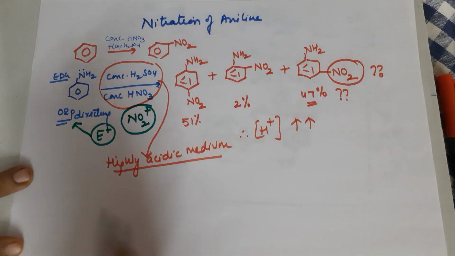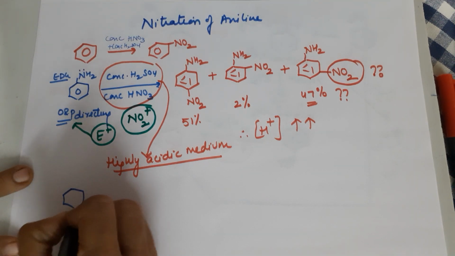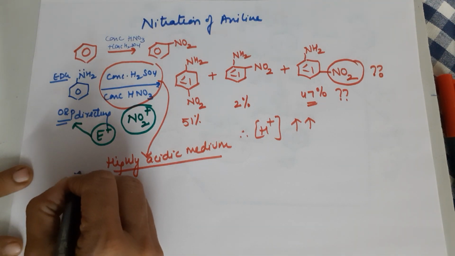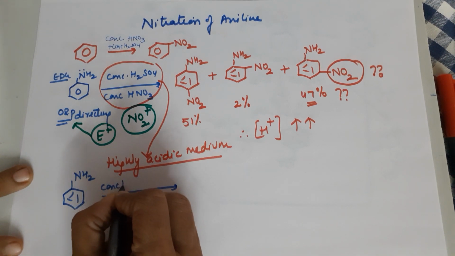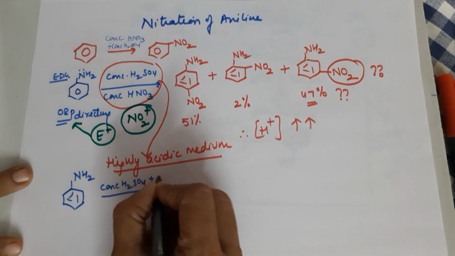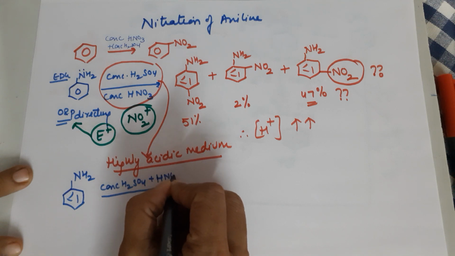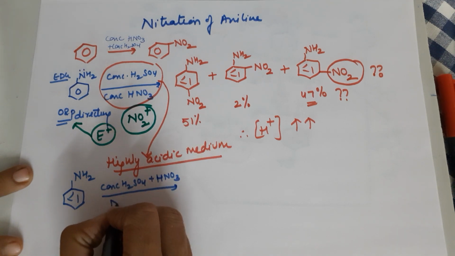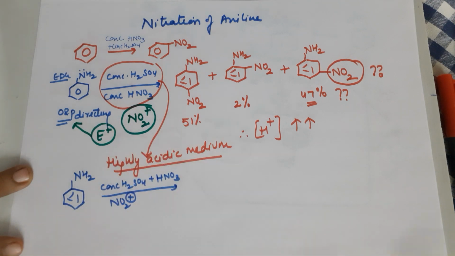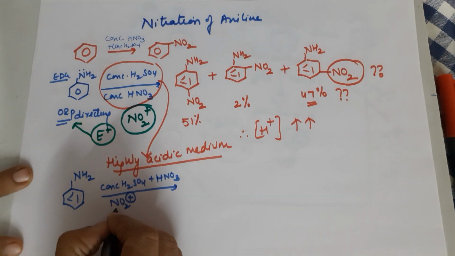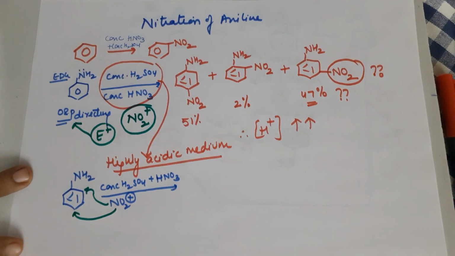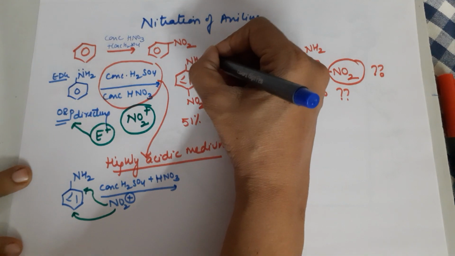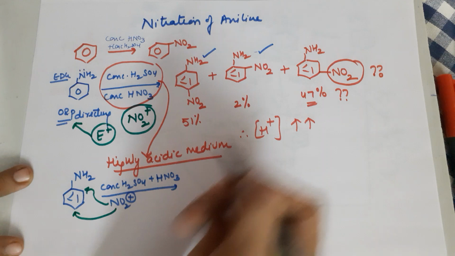Which means, जब aniline is treated with concentrated sulfuric acid plus nitric acid, it leads to the formation of NO2 positive, and this NO2 goes to para position and the ortho position, which is expected. So your products are para-nitro and ortho-nitro.